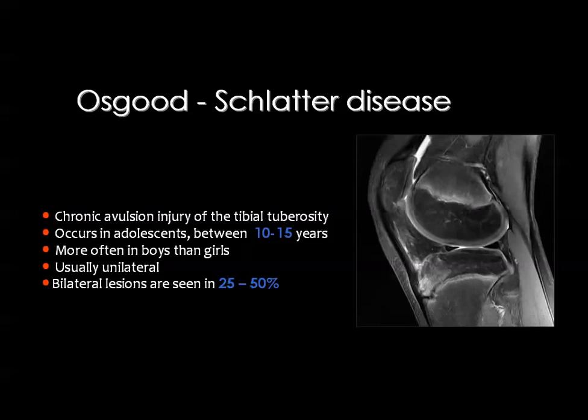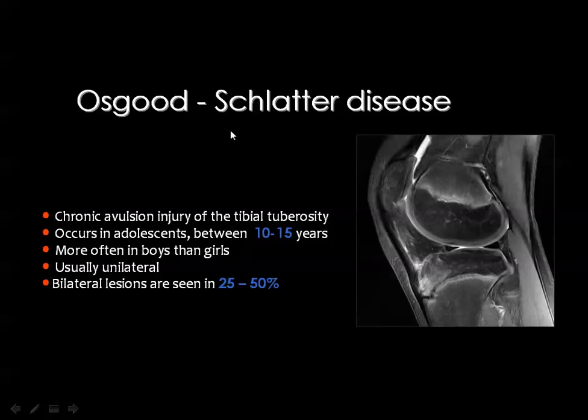MRI of the patients with Osgood-Schlatter disease will show, early in the disease, some bone marrow edema at the site of the tibial tuberosity, and you can also see some fluid signal between the tibia and the infrapatellar tendon.